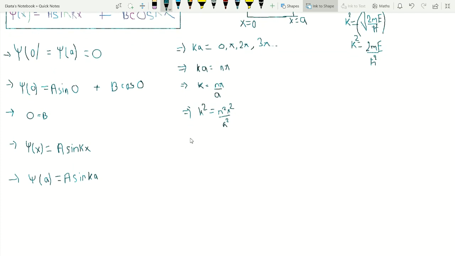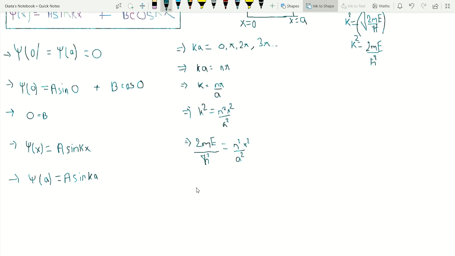After putting down the value of k squared, what we will get is 2mE divided by h bar squared is equal to n squared pi squared divided by a squared.